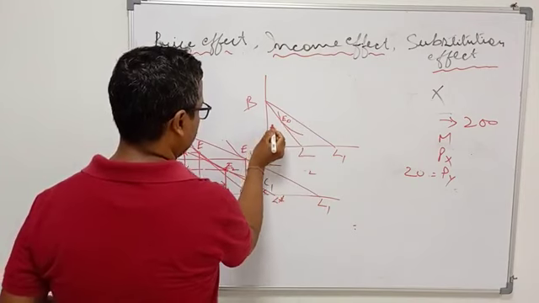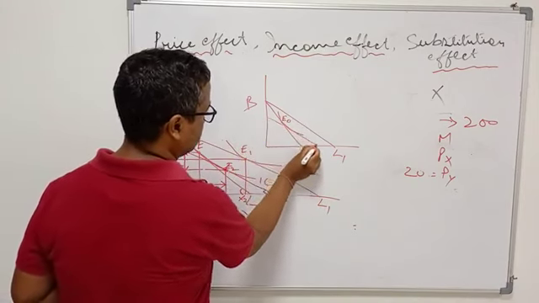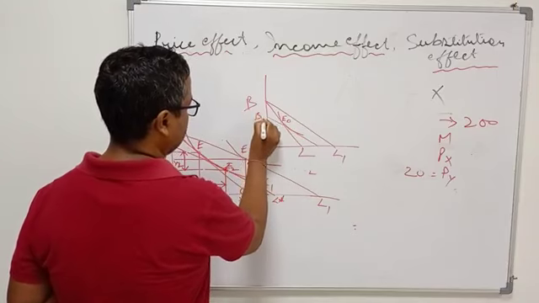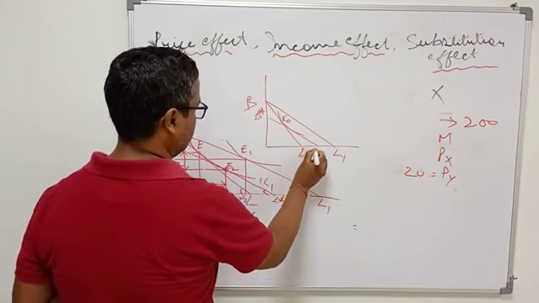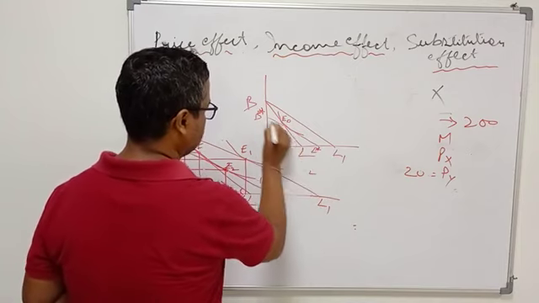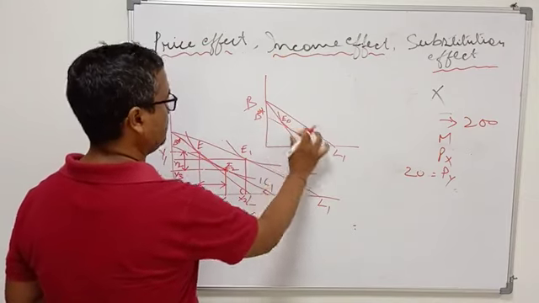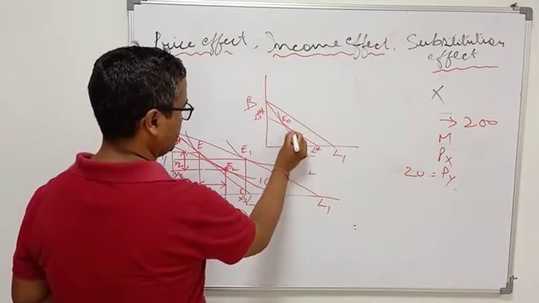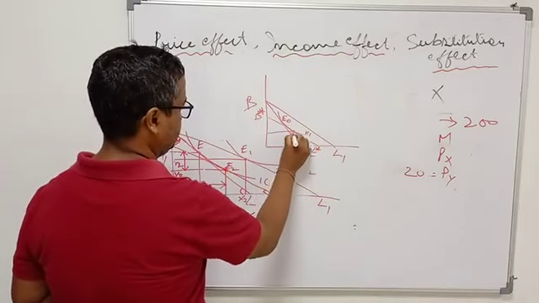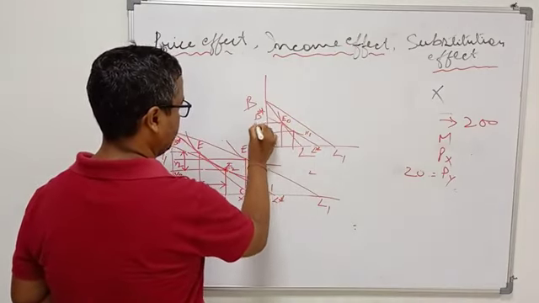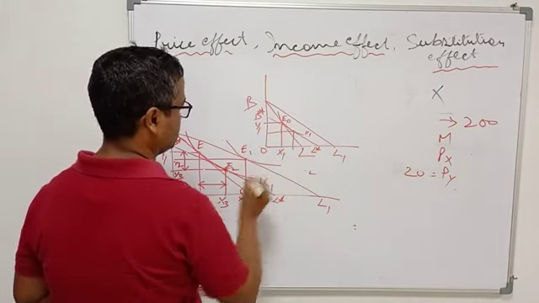Now, because some money is taken away from the consumer, you have to draw the new budget line so that the impact of changes in real income will be nullified. This should be parallel. Here it is not parallel, some mistake is there, but assume that I am drawing the parallel one. Originally the consumer was purchasing OY1 of Y good and OX1 of X good.